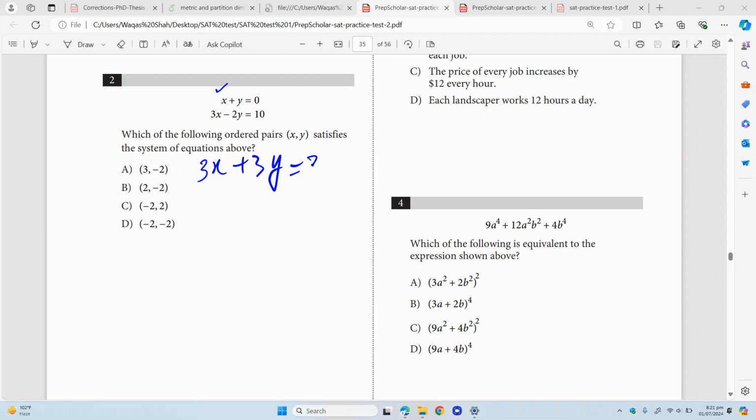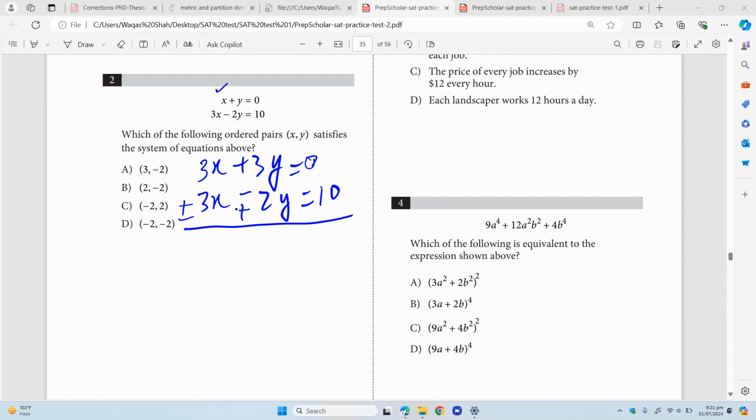3 times 0, which is 0, and then write the second equation under the first equation, so it will be 3x minus 2y is equal to 10. Since the signs of 3x in the first and second equations are the same, we can subtract so that we can cancel out both 3x, right?